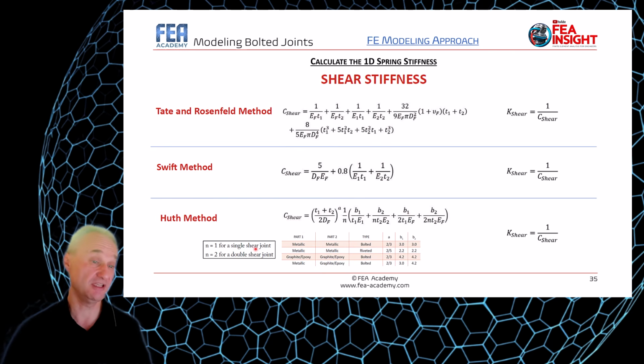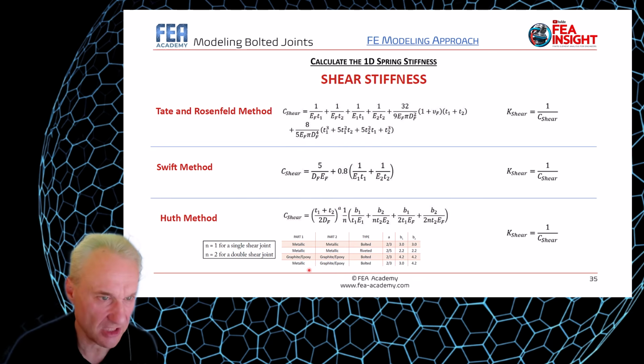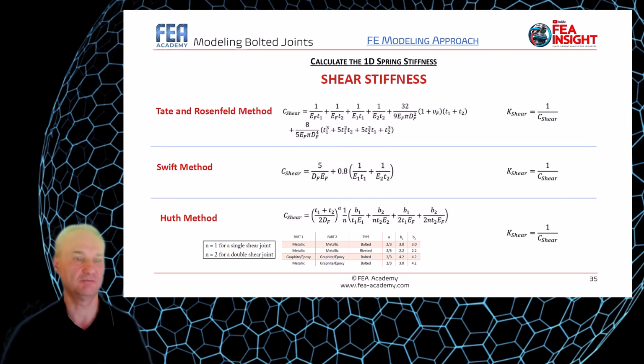Even in the Hutt method, there are a few empirical factors, B1 and B2, which depend on the material of the plates, whether metallic, composite, or a composite-metallic plate assembly, and on the type of joint, whether bolted or riveted. That is the reason why the Hutt method is one of the most famous methods used to calculate the shear stiffness.